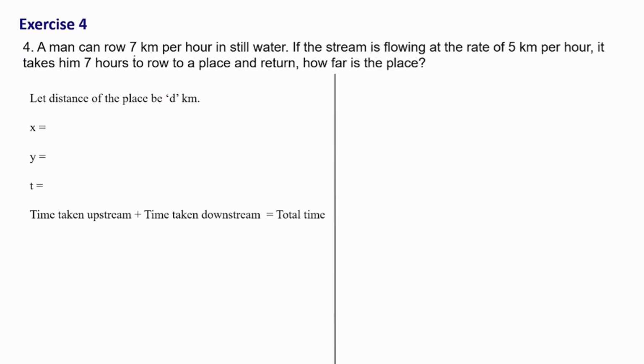The speed of the person in still water is 7 km per hour. And then the speed of the stream is 5 km per hour. And then the total time taken to row to a place and return is 7 hours. So we have to find D.